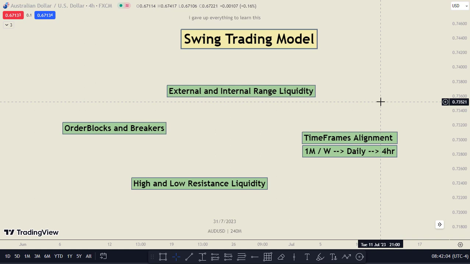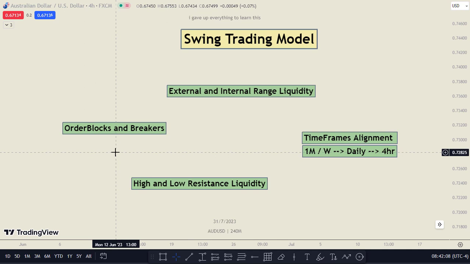Next thing, we're going to need order blocks and breakers. We're going to use these mostly for entries. And we're going to need also high and low resistance liquidity. So we want to leave behind us high resistance liquidity and we want to target low resistance liquidity in terms of failed swings.